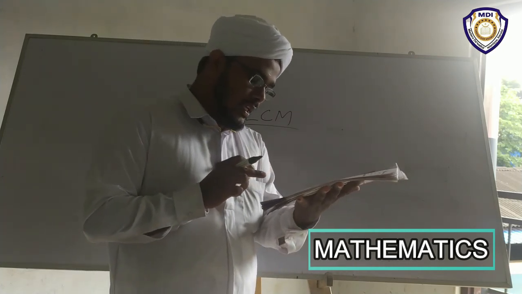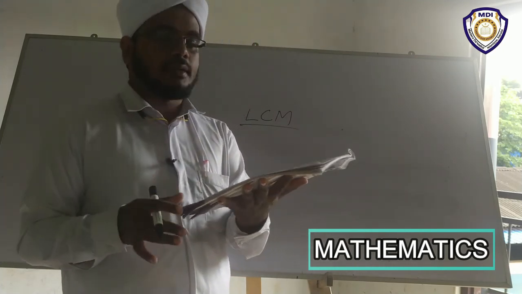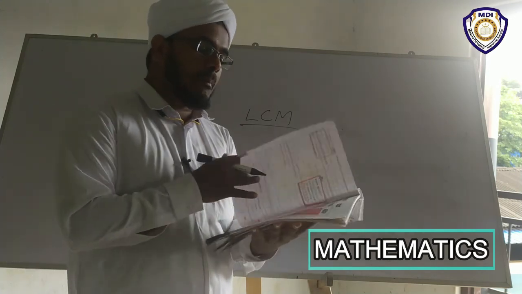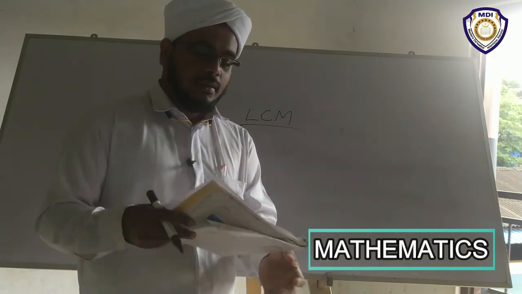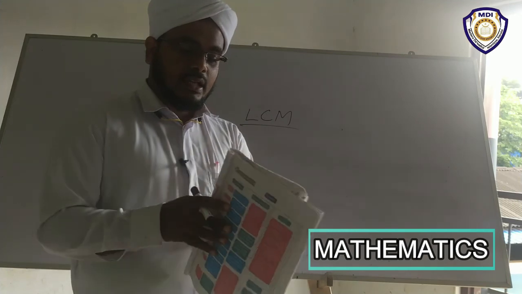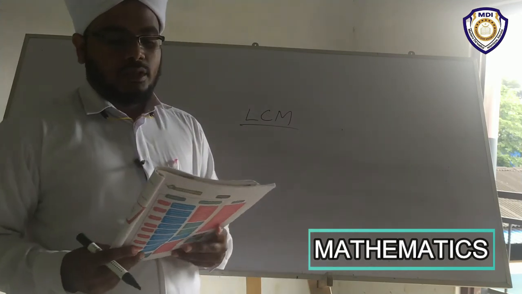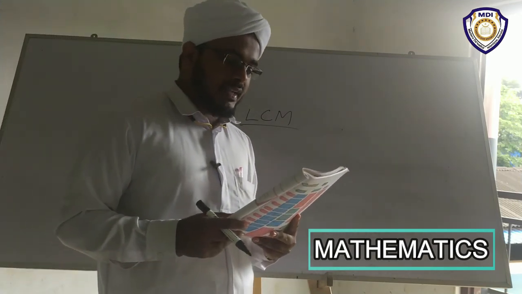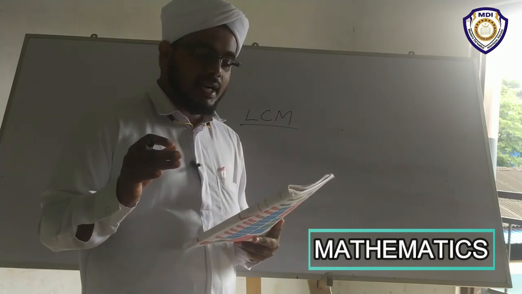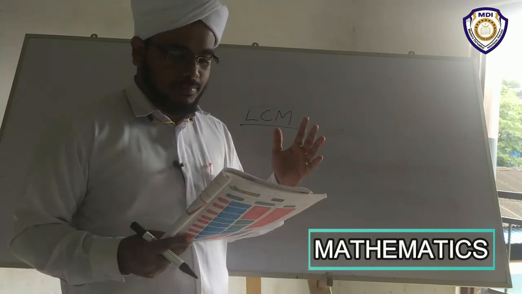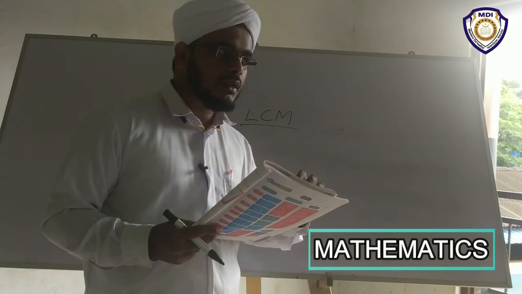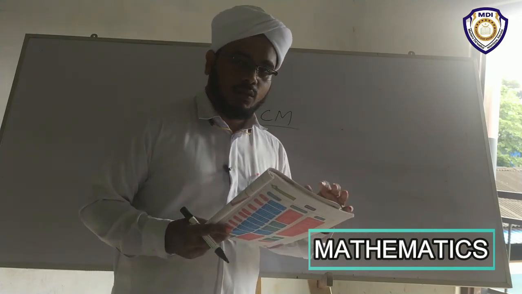Then 5 only one time, 3 only one time. Then we multiply these taken prime factors, and we get 240.